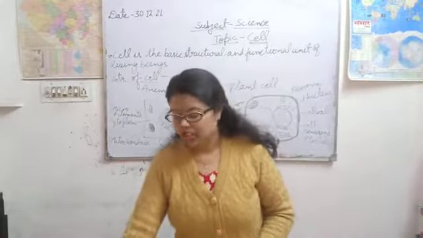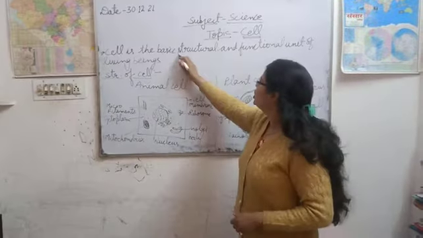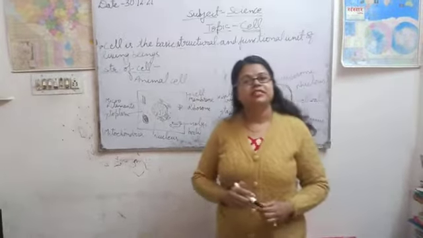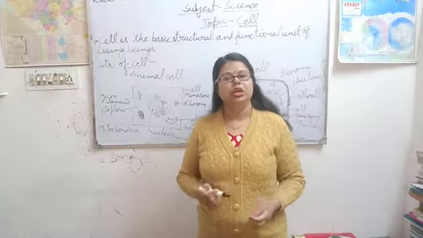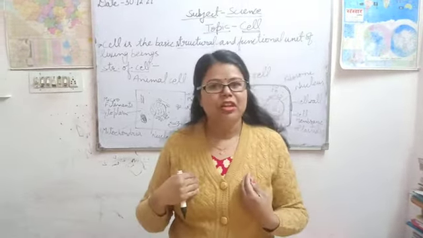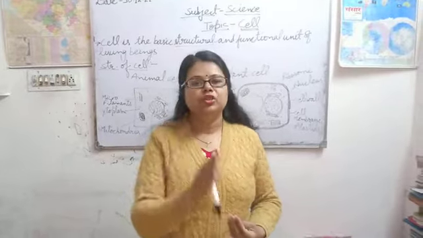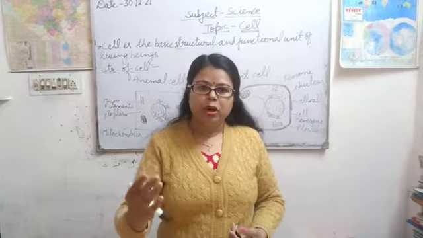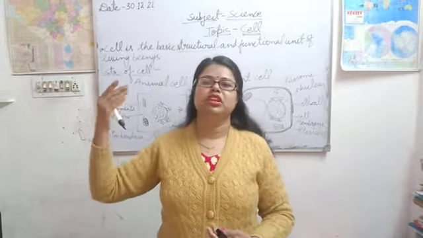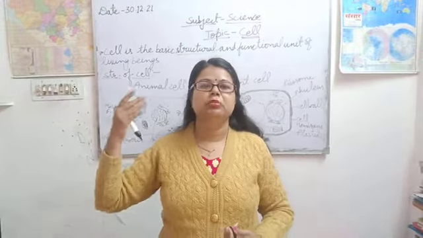Why do we say the cell is the structural unit? We can say easily it is a structural unit because we take the example of us. In our body there are so many systems: reproductive system, digestive system, skeleton system, muscle system.